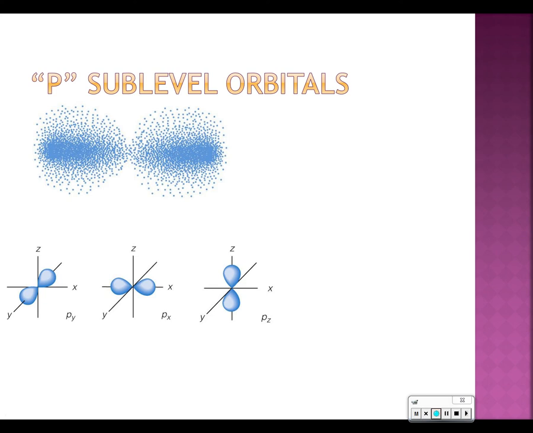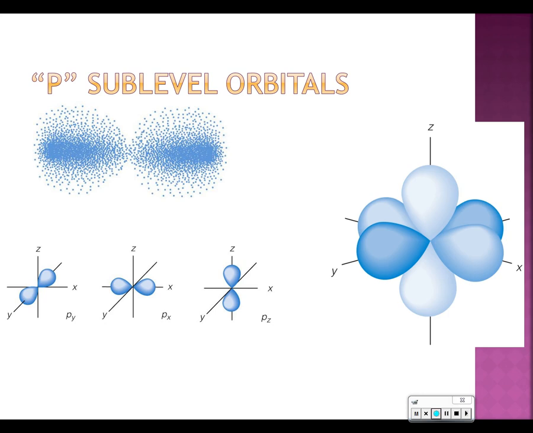Each one of those individually is a P sublevel orbital. Put all three of them together, and you have the P sublevel. Good so far?